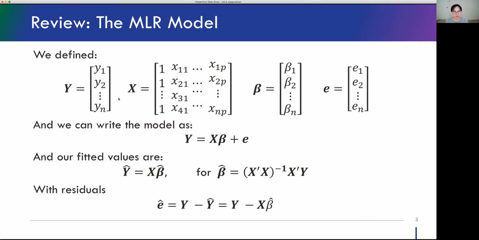Well, I think I might have put this beta wrong, but let me double check and correct it if that's the case. Oh no, it is correct. Each of these betas, it should be a vector of length p plus 1.